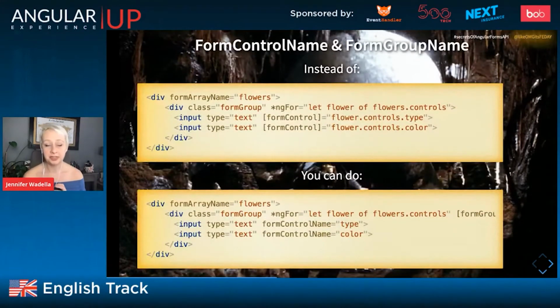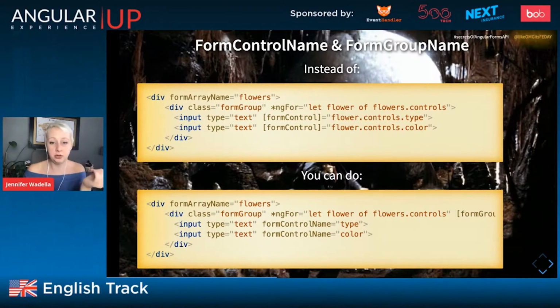So when we talk about using form control name and form group name, this is an example of how it can help you. In this example, we have an array called flowers, and in this for loop, we're iterating over these flowers, and for each flower, we want to display a form control for the type and the color. So you might see something like this, where we know flowers is a form array, and so we're going to get all the controls out of that and iterate over those.